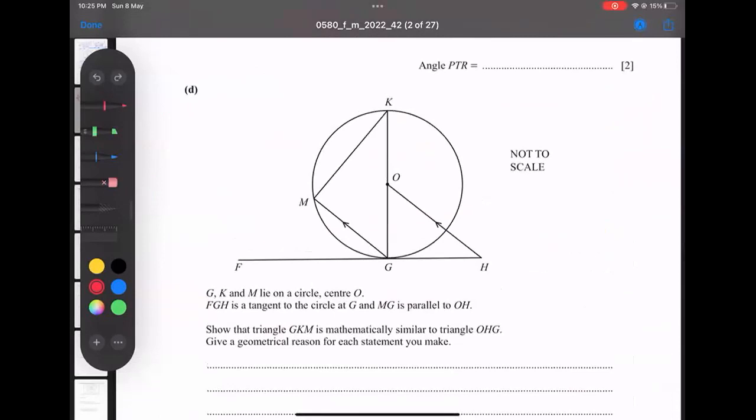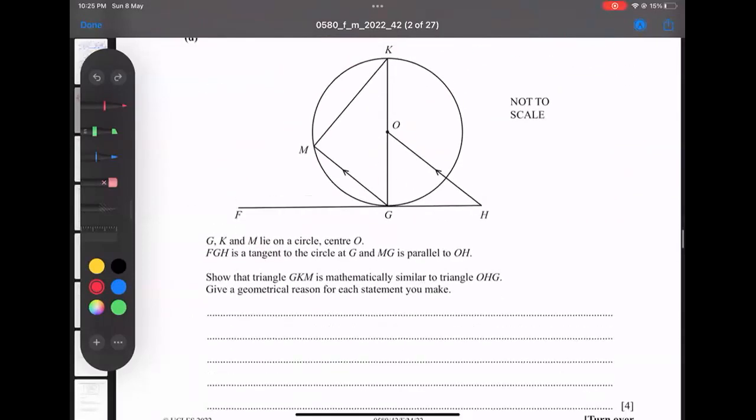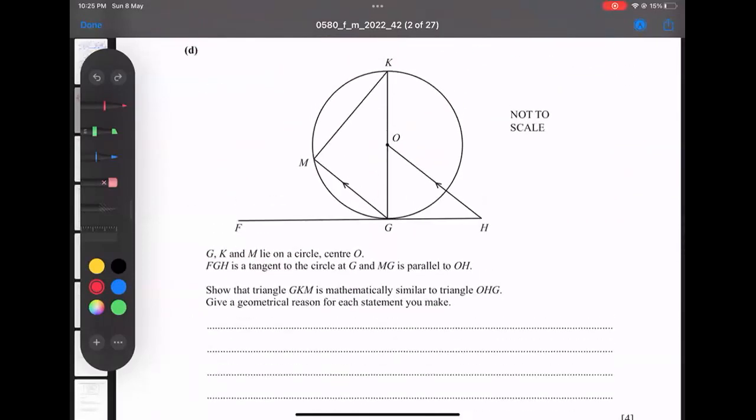In D part, what is the story we have? He says here, prove that triangle G is mathematically similar to the other triangle. So similarity, how to prove similarity? Give reasons. I tell you one thing.